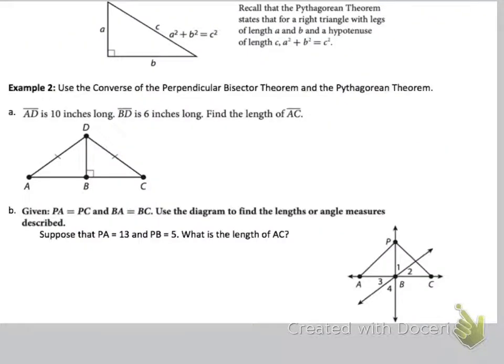Now, earlier on in the course we talked about one of the most famous theorems in geometry. It's called the Pythagorean theorem. And we're just going to recap that again.